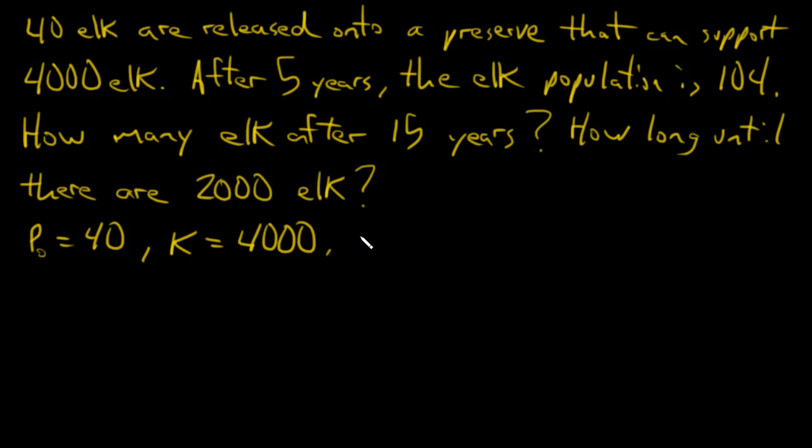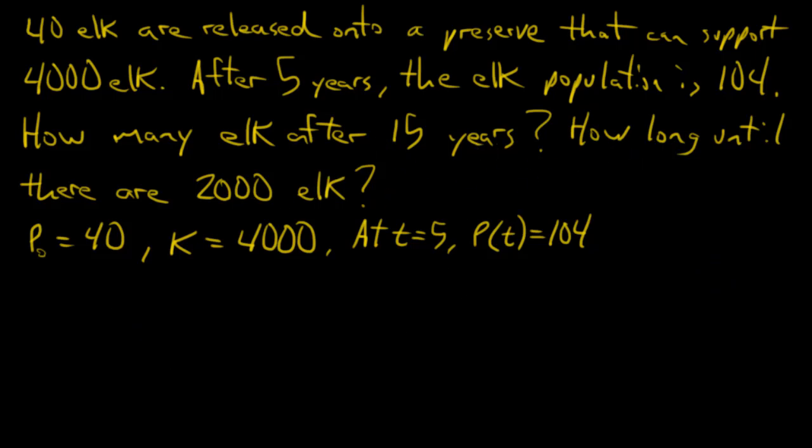Oh yes, we're given that after 5 years the population is 104. So at t equals 5, P of t is going to equal 104. And I think that's about all the information that we need. We can just look at each part as we get to it for the question.